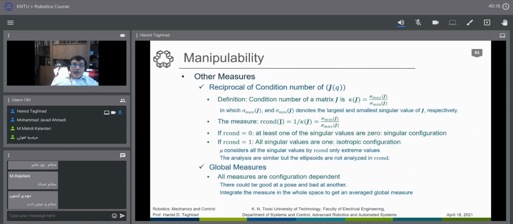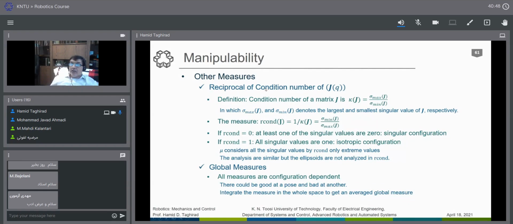All right, let me also add another measure which is simpler and has almost the same characteristics, but it is normalized. This is better in terms of mathematical representation, but it is not as informative as the manipulability measure.